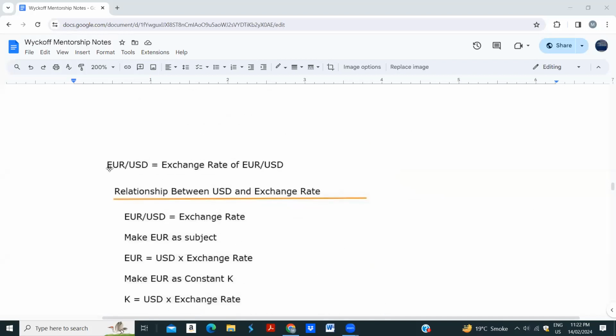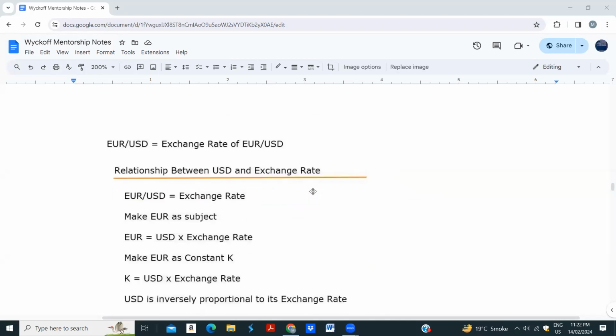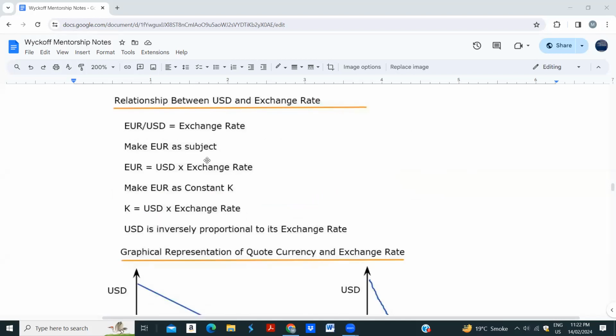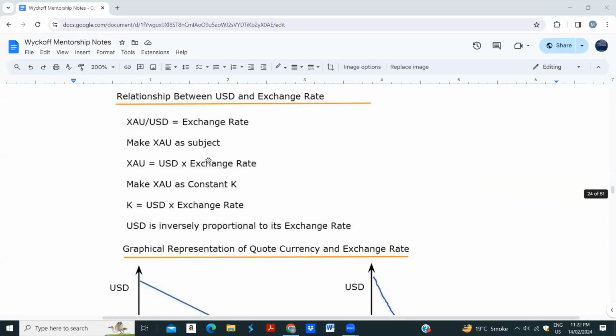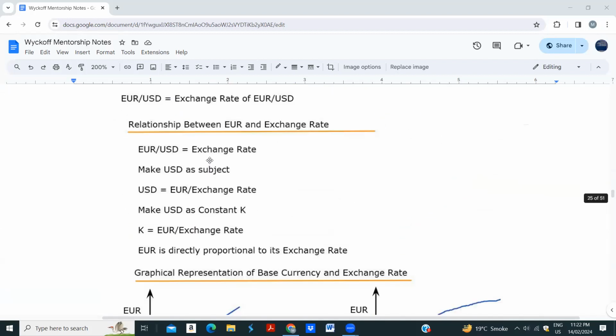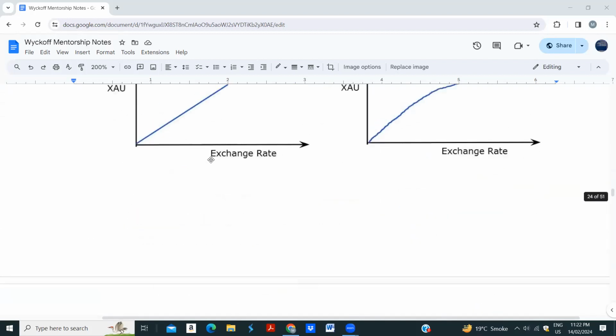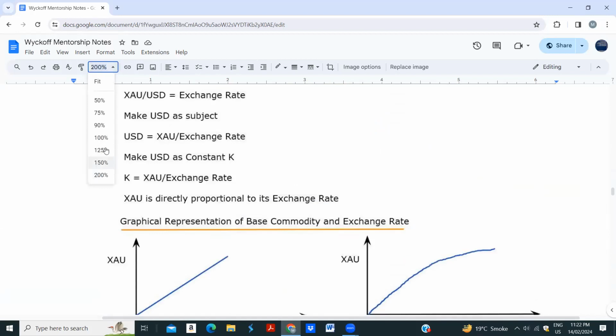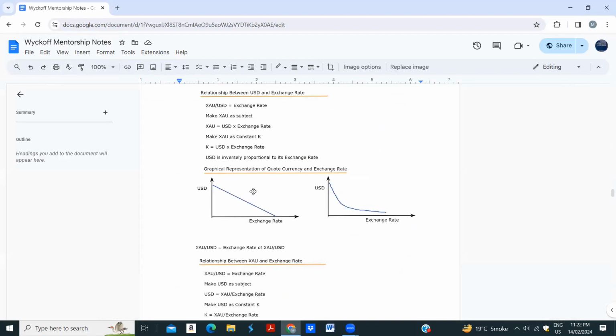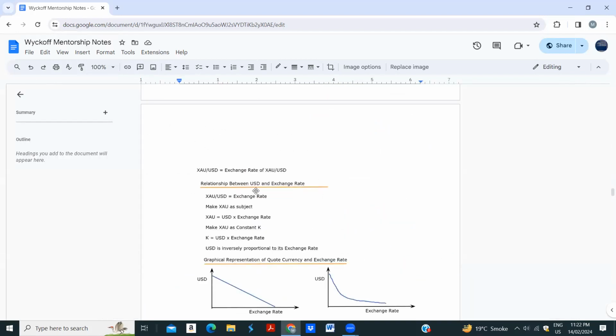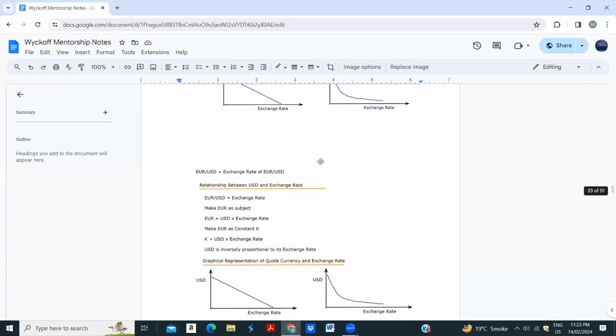Now we have the Euro USD exchange rate, the relationship between the US dollar and exchange rate. You can study all these graphs here. I have repeated the same thing, the only difference is that I have used examples of actual currencies like the euro US dollar exchange rate to determine the relationship.